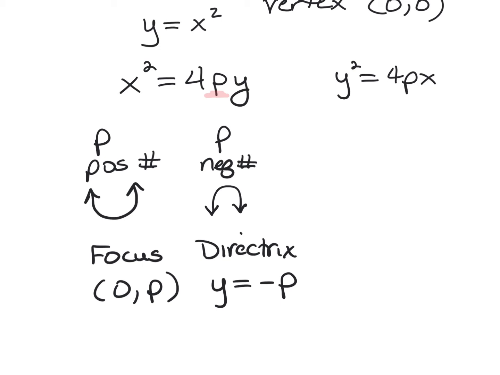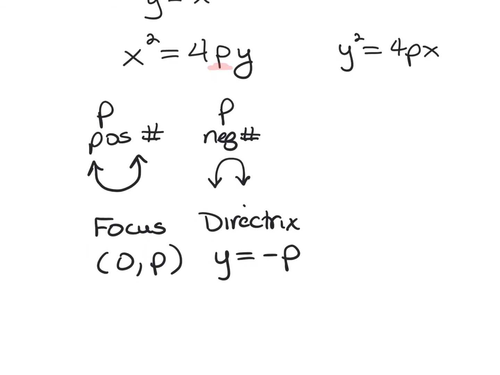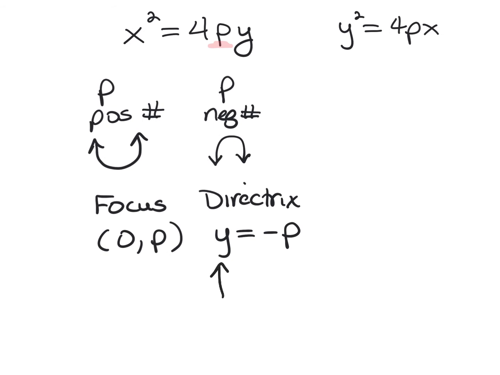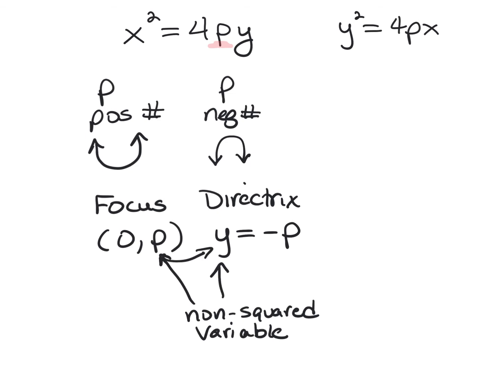And the way that I can tell the equation, if you want a little hint, this equation here is going to be the non-squared variable from the original. So you see how y wasn't squared? That would be a clue of what your directrix is. Also notice the p in the focus is in that y spot. So notice this is the y spot, and then it's y equals for the directrix.